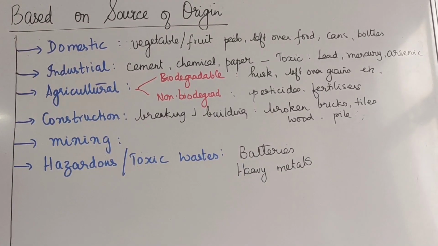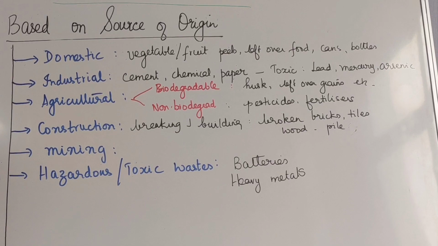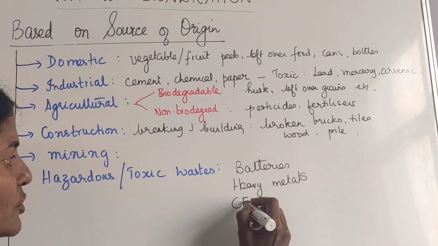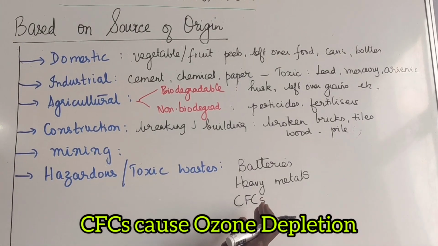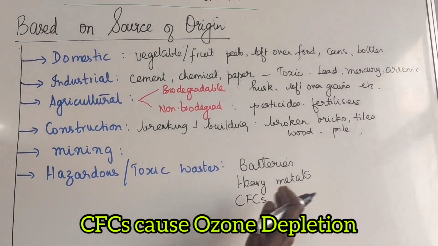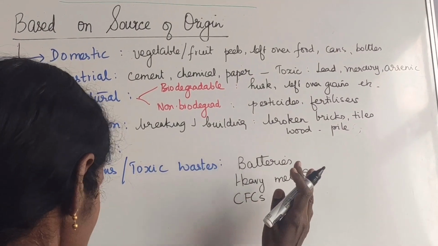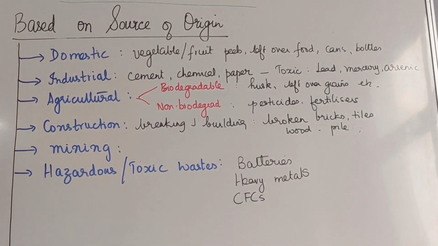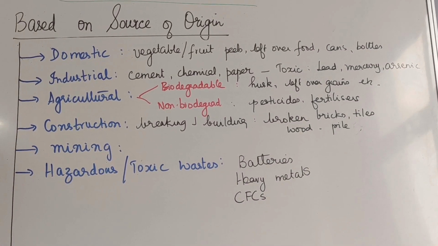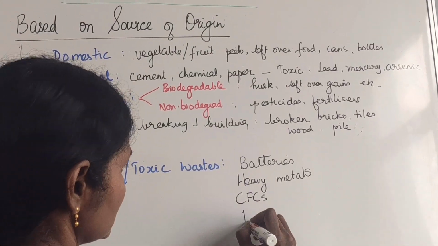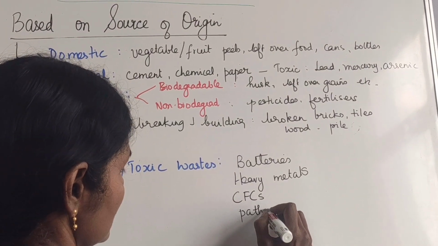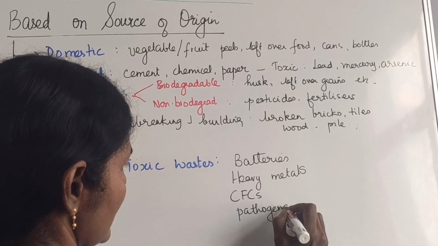Not only this, when you talk about hazardous, chlorofluorocarbons can be very dangerous. This comes from air conditioners and refrigerators. That again is hazardous in nature. Apart from this, when we talk about hospitals and biological laboratories, we have the pathogens, meaning disease causing organisms.